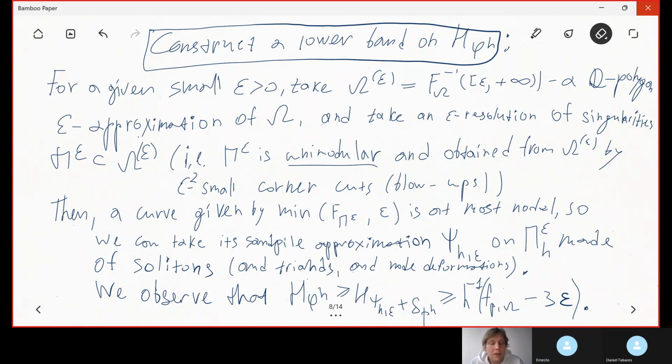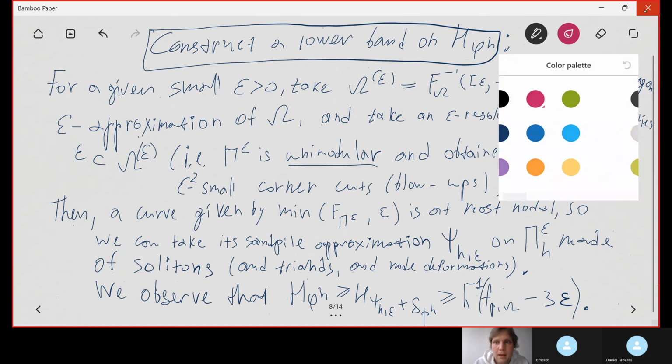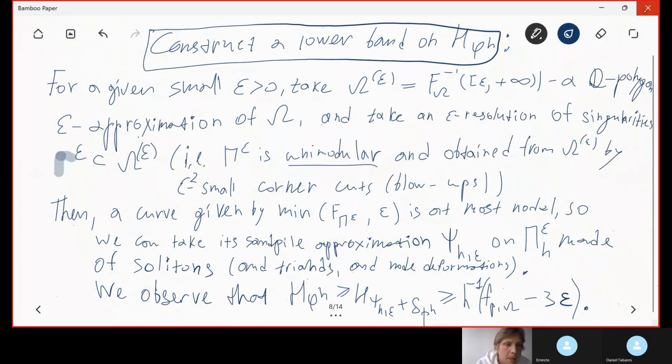We do just a sufficient number of blow-ups so that we arrive to this state which is called pi sigma. This one. And this is the polygon, which is unimodular, which is inside omega, which is epsilon close in the sense that their boundaries are epsilon close.